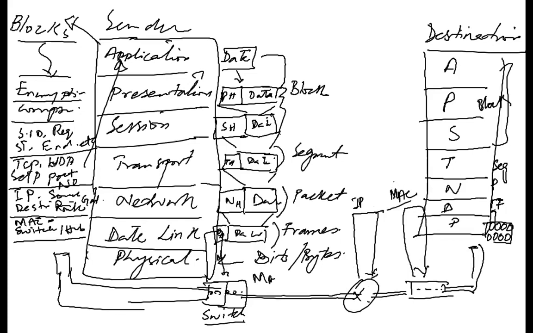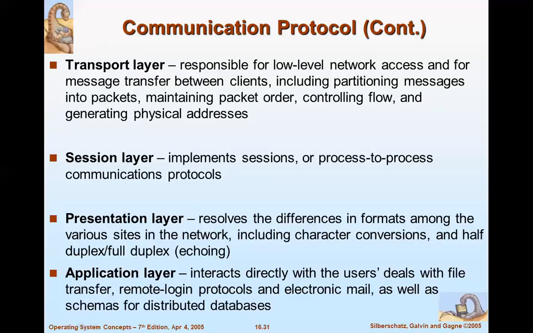So moving back to the slide over here, and now you can see. Look at this. The transport layer is responsible for low-level network access and for message transfer between clients, including partitioning messages into packets, maintaining packet order, controlling flow, and generating physical addresses as well.